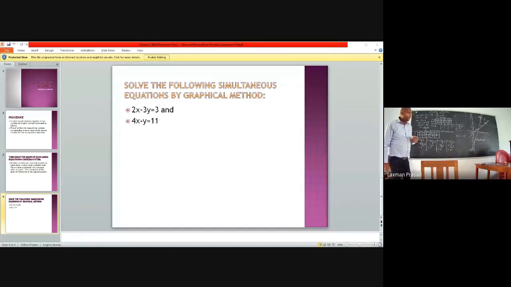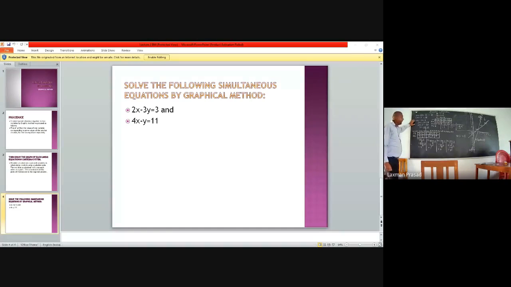The first equation is 2x minus 3y equals 3. And the second equation is 4x minus y equals 11. So one by one, we solve the equations.